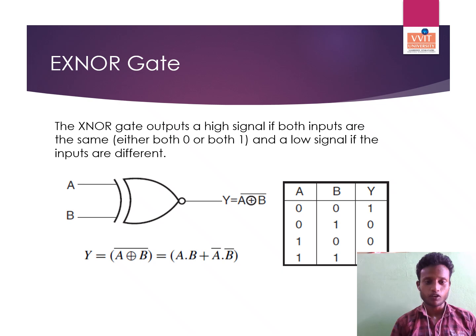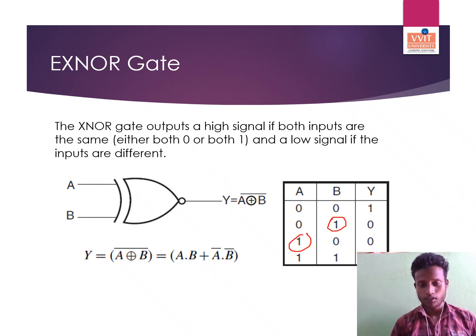Now we have the XNOR gate. XNOR gate means if there is an odd number of ones in the inputs, the output is 0. That means with odd number of ones, 1 1.